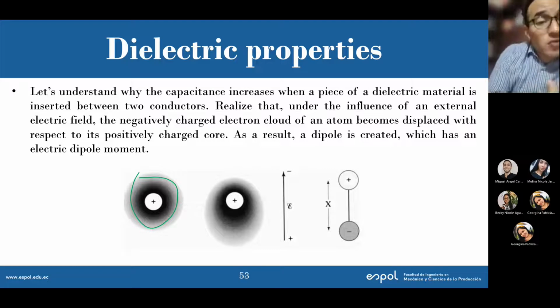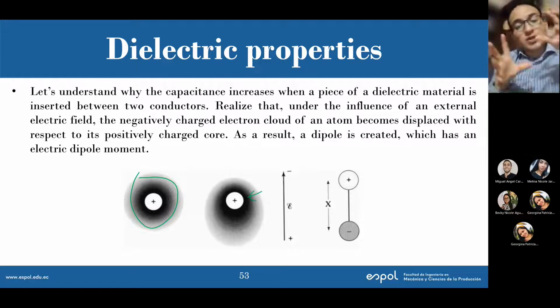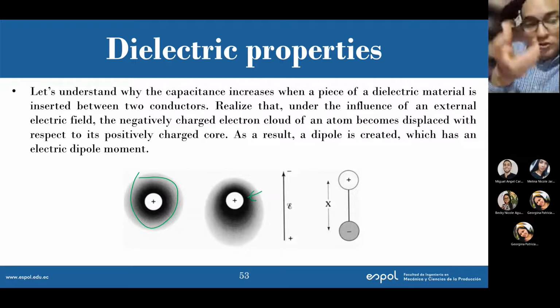But if you have an external electric field, that electron cloud, because it's negative in charge and the nucleus is the positive one, becomes displaced. It moves towards the opposite end of the core, to a position that is opposite to the electric field.